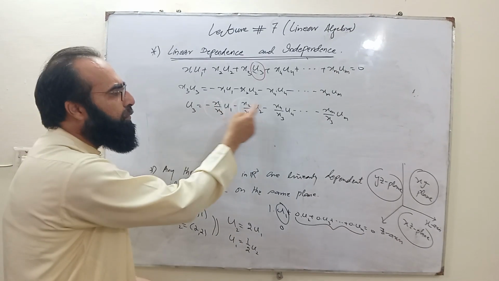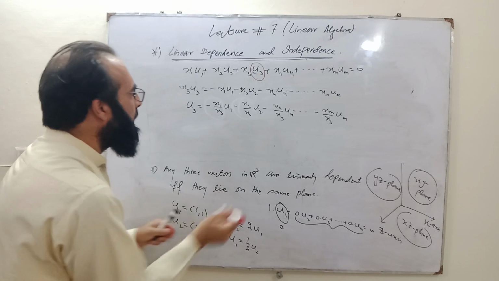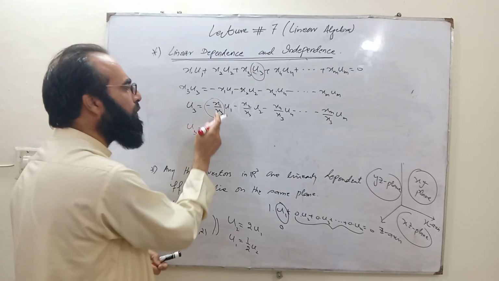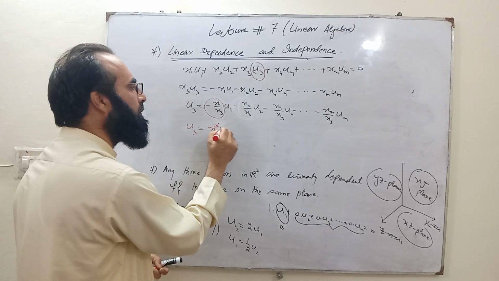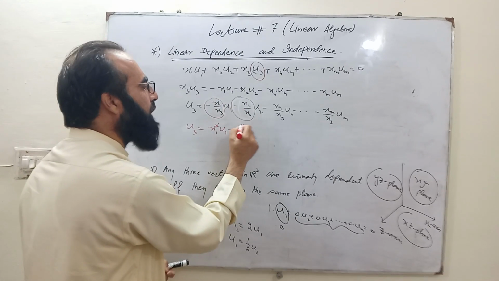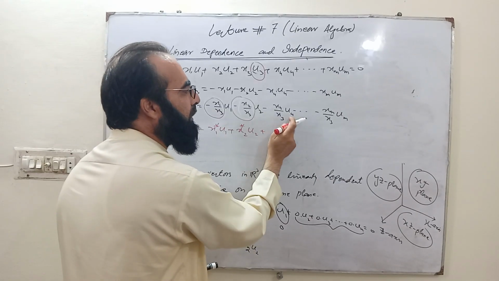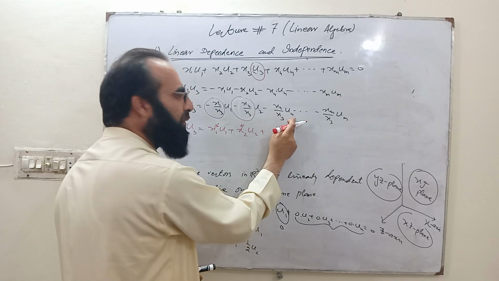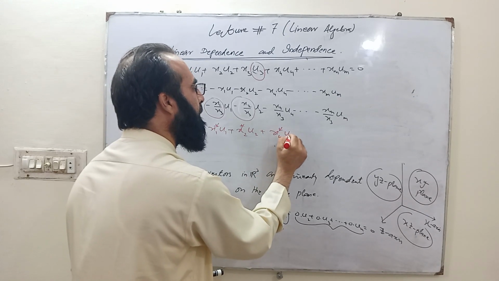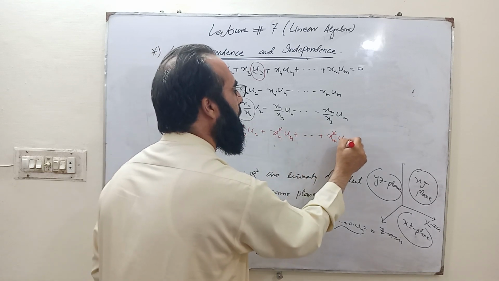Since x1, x2 up to xm are all scalars and their fractions also give us scalars, let's say this one is our new scalar. So u3 is equal to the new scalar, say x1 star, times u1. Similarly, this one let's represent by x2 star, and since this vector is u4, let's say this one is our x4 star, up to xm star um.